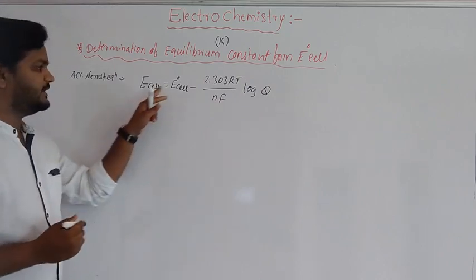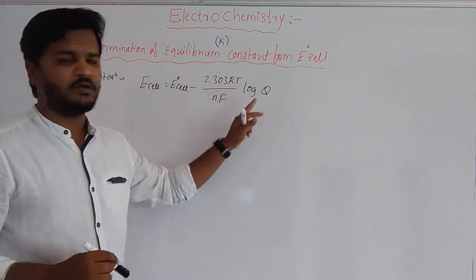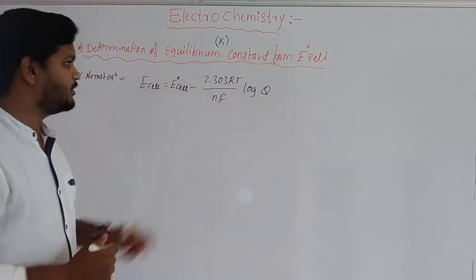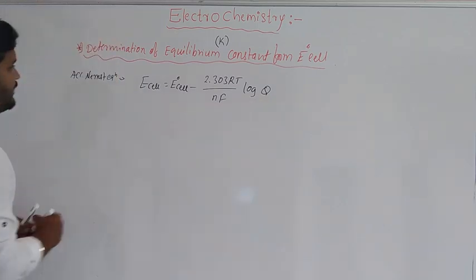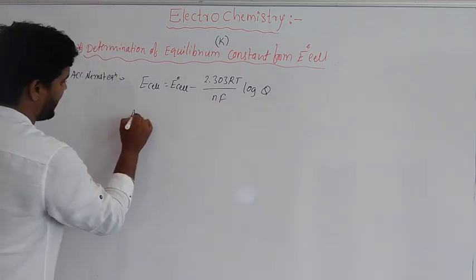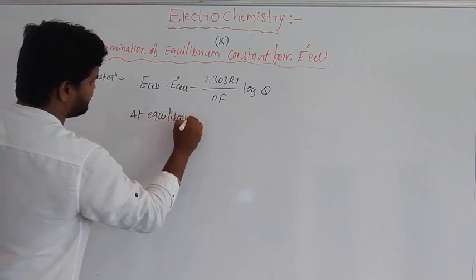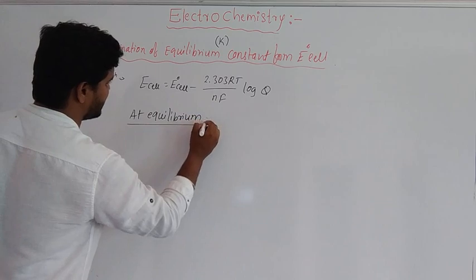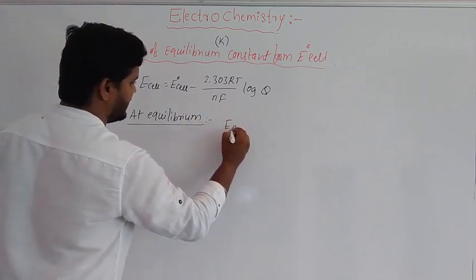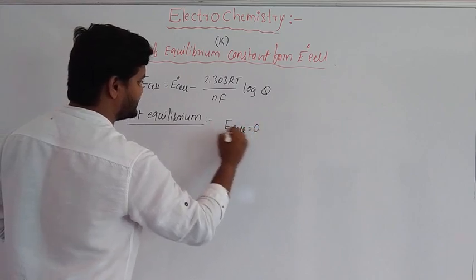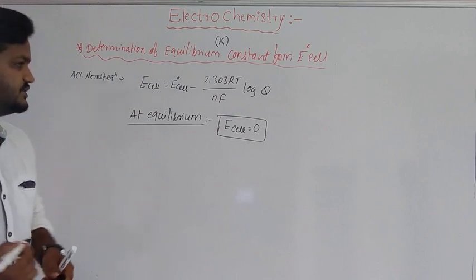Here log Q means it is the reaction quotient. At equilibrium, one more condition: equilibrium means forward and backward reactions are the same. At equilibrium, the E cell value is 0.